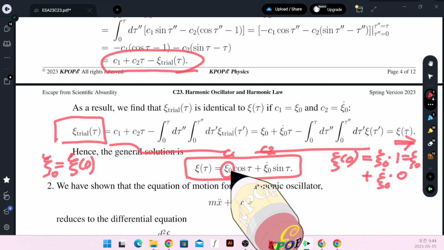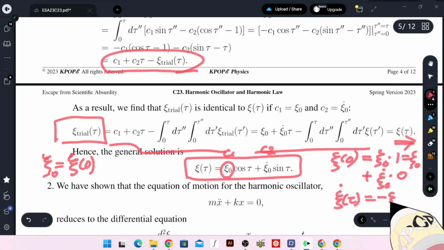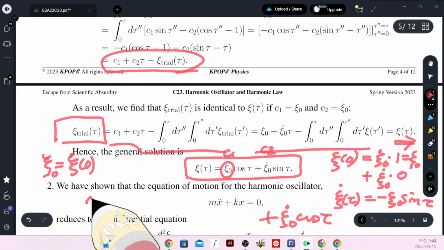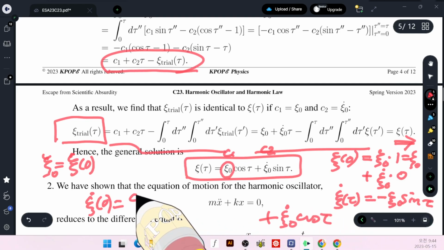And if I take the first order tau derivative, it becomes minus C0 sine tau plus C0 dot cosine tau. So if I substitute 0, C dot 0 equals, this guy vanishes and only this one survives.